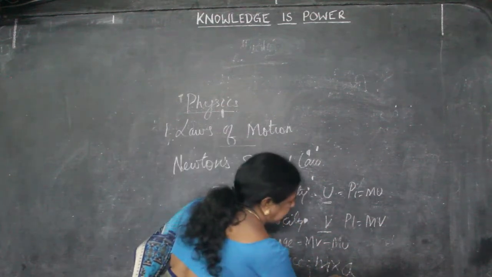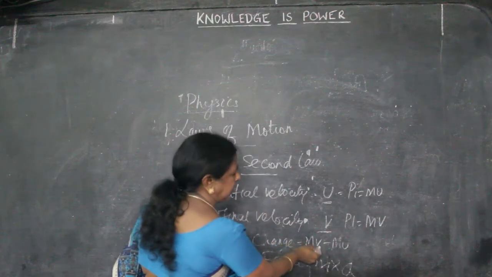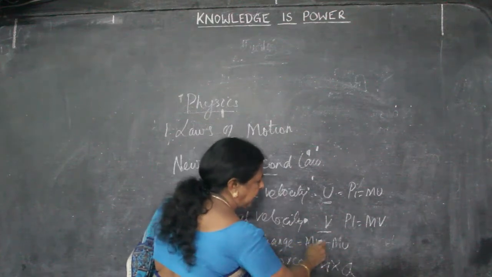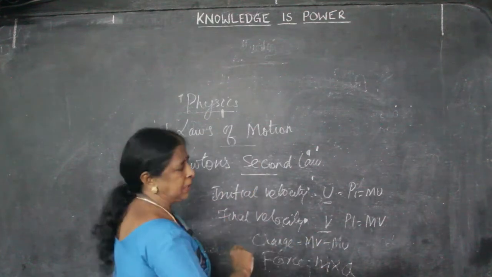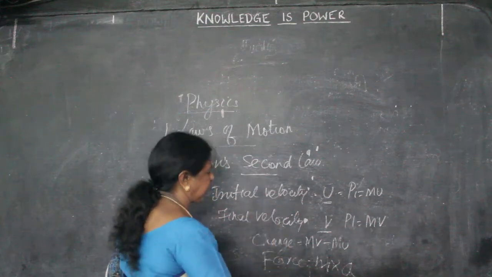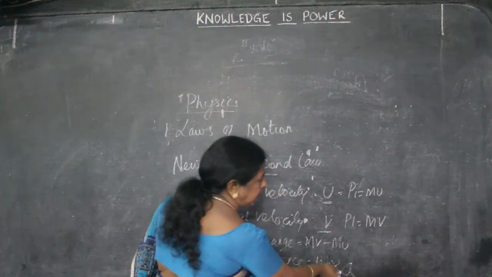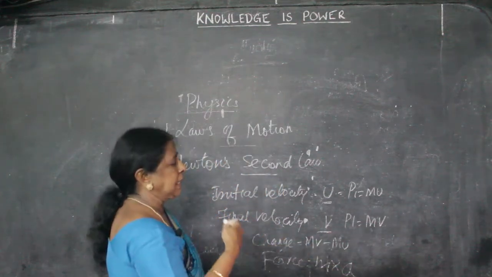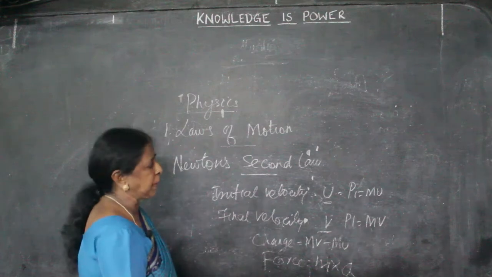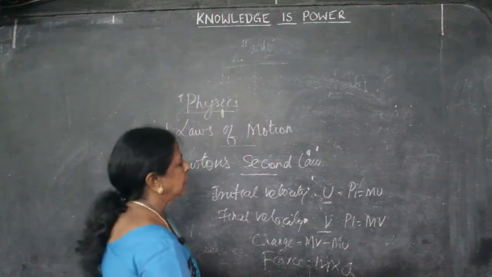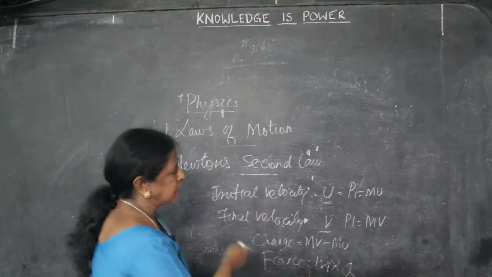From where do we get the a? By subtracting mu from mv, that is, final velocity and initial velocity subtracted, we can get acceleration. Acceleration is nothing else, it is the increase of the speed, the velocity. Acceleration and velocity are both the same only.